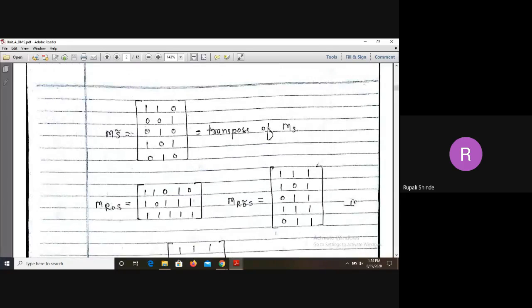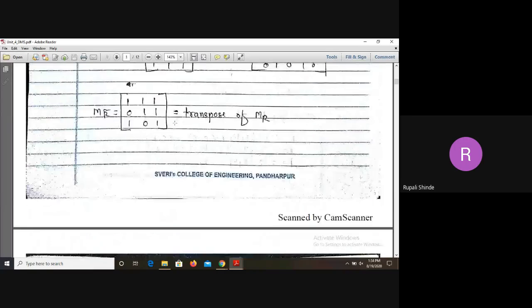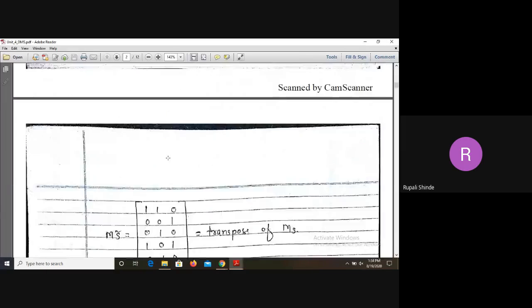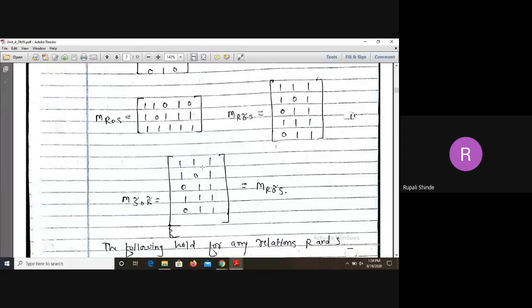For the third value, consider the first row in M of S converse and the last column in M of R converse. Again it is 1, so the final value is 1. Likewise you perform matrix multiplication to obtain a composition if matrices are given.